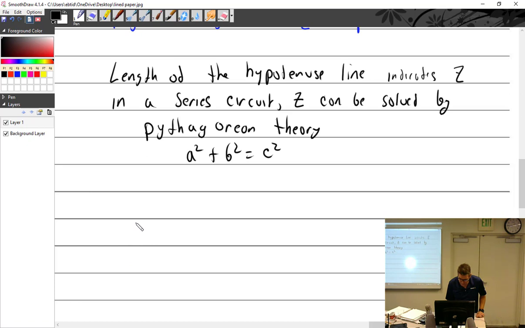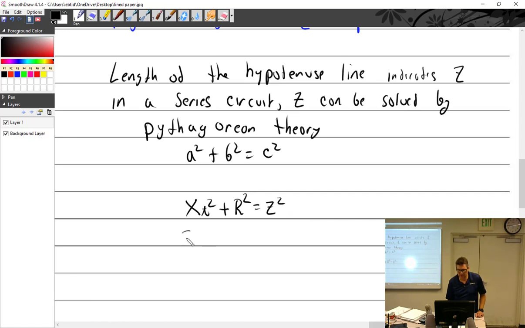I have a couple of different versions here. I'm going to talk about each one. So before you add them: X total squared plus R squared equals Z squared.